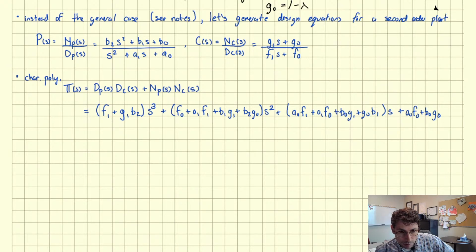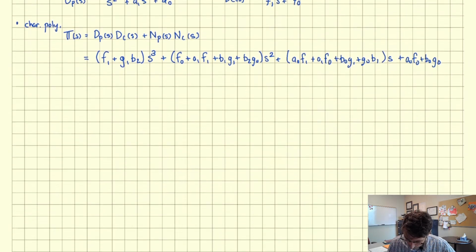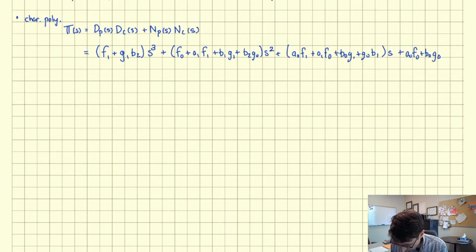We need to solve a pole placement problem, so we need a desired characteristic polynomial. So I'm going to write that below. I'll say that the desired characteristic polynomial, I'm going to write as pi with a subscript des for desired. And here's where you have to make a choice.